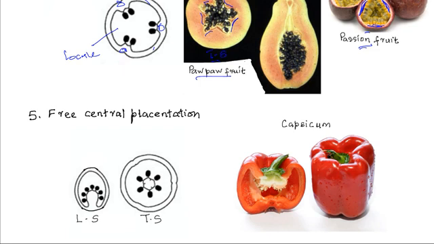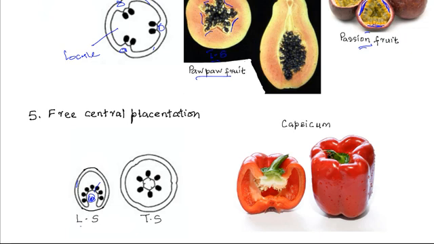Only that the walls that initially separated the carpels disappear, leaving one large locule. But the main difference is that the placenta is found on one side, not along the margins or at the center. It's found towards one side of the wall.